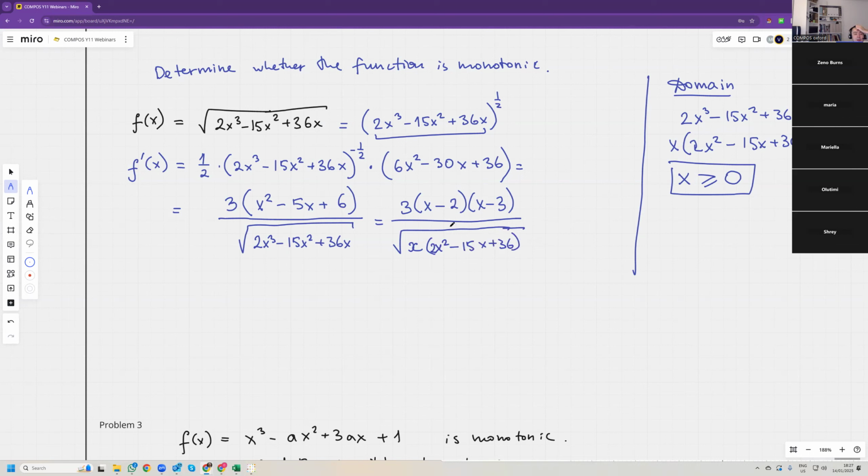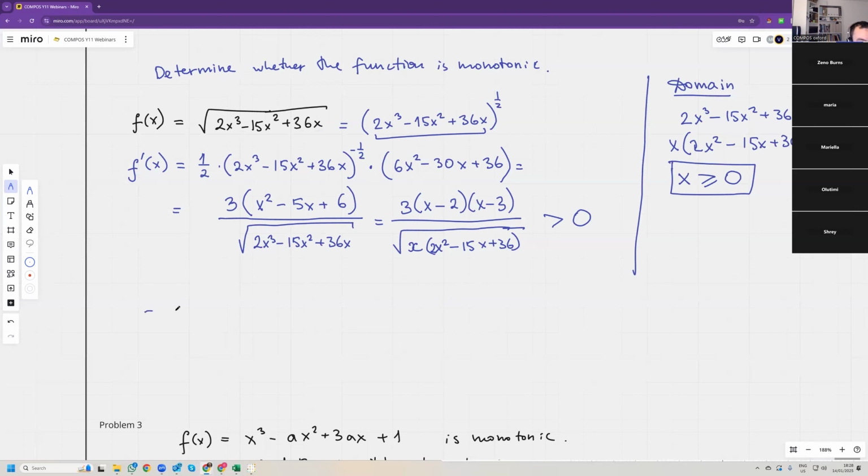Okay, so we need to work out when the derivative is positive or negative. Well, we can clearly see that the function only exists if x is positive. Here, we need to solve a quadratic inequality. So let's say we want to find where it's positive.